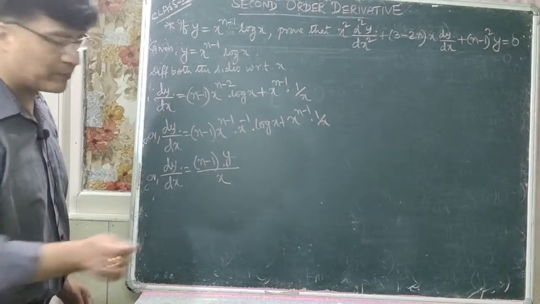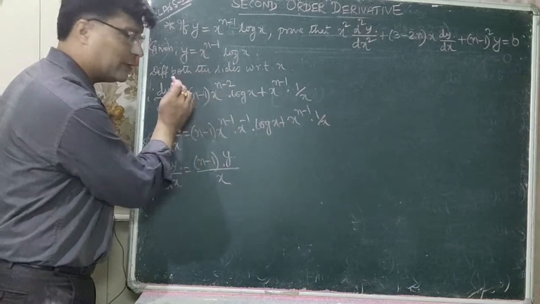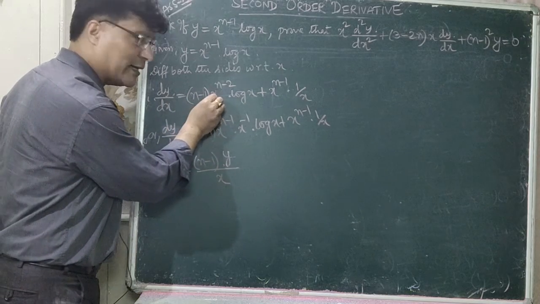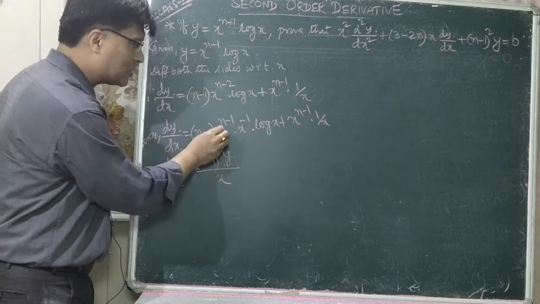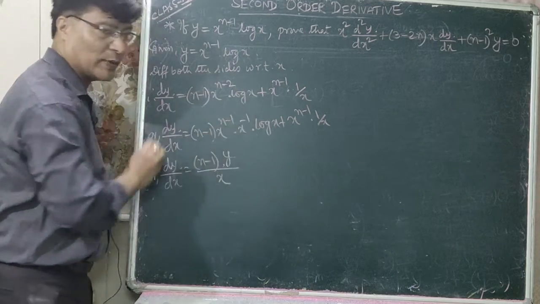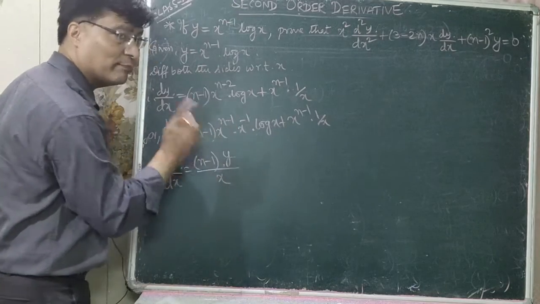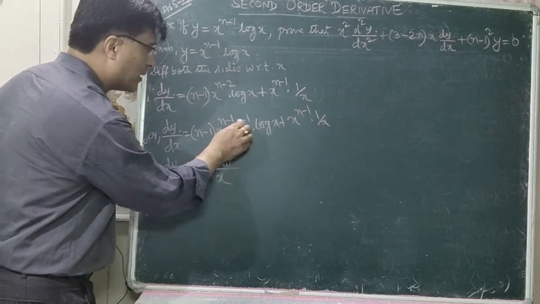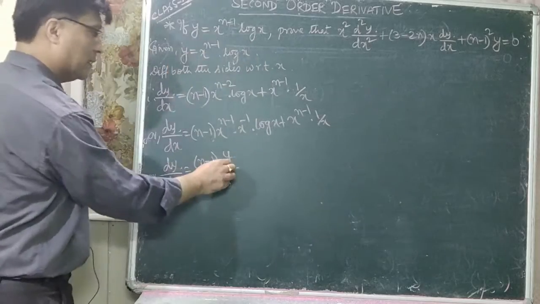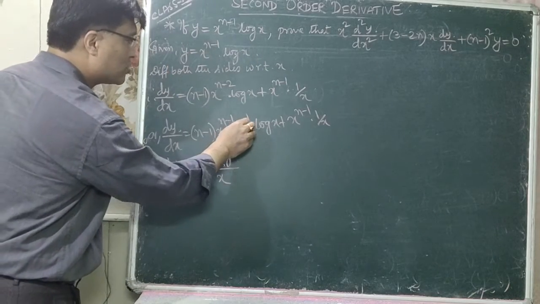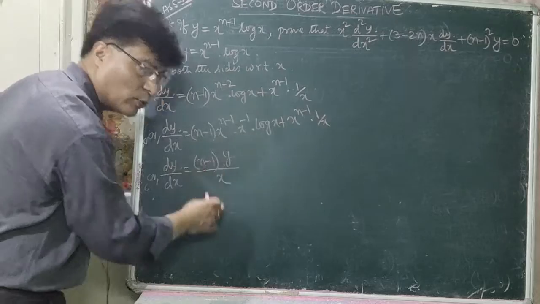Is that understood? So here we have simplified this x to the power n minus 2 as x to the power n minus 1 into x to the power minus 1. So why are we writing this? Because instead of x to the power n minus 1 into log x, we can write y here. And this x to the power minus 1, you can simplify it as 1 by x.